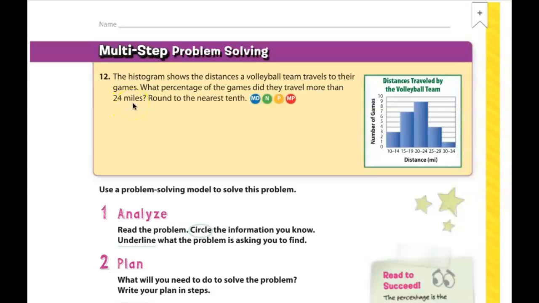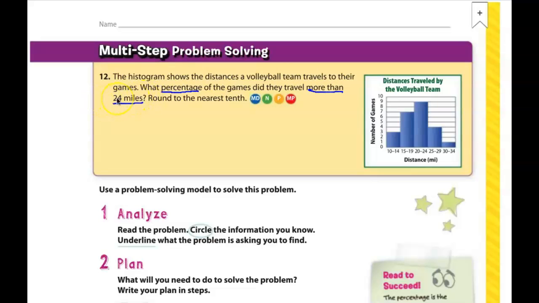Okay, so let's focus first on the most important words in the question. The question starts with the word what, and we really need to understand what the word percentage means. We also need to focus on more than 24 miles.